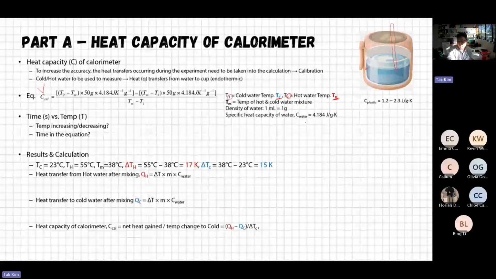And when it comes to doing a calorimeter experiment, the calorimeter should be able to provide 100% isolation. Okay, let me find something straight so I can draw at least a straight line.